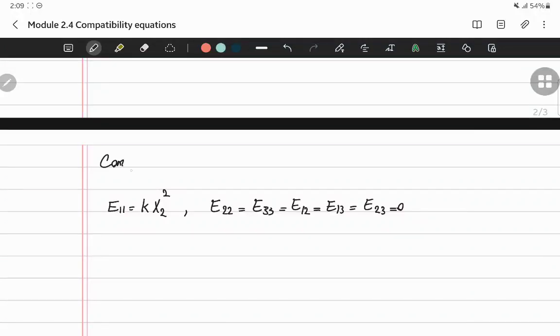Let's call this continuous displacement intuition.